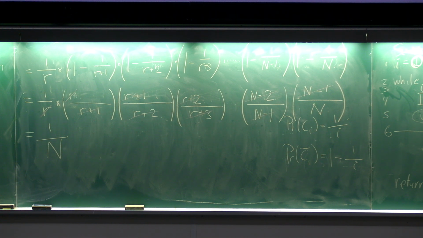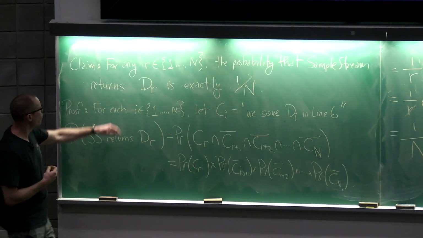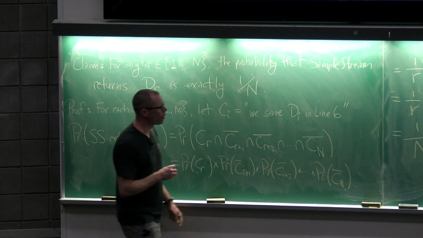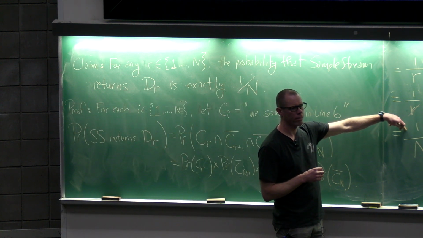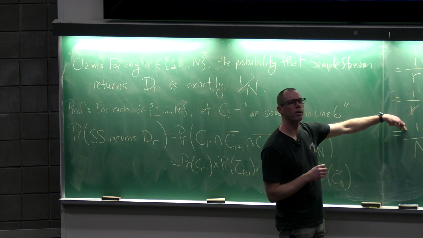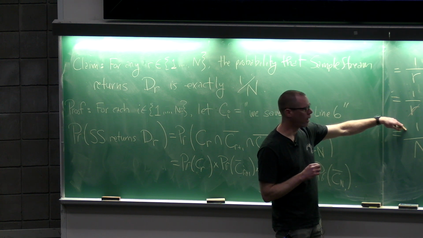So, without knowing how much data we were going to see at the beginning of the day, so we didn't know the value of n, and without having to store all of the data, we've made an algorithm that for any particular r is going to return dr with probability exactly 1 over n, which means that algorithm is returning a uniformly random sample from the data without knowing the size of the data in advance, without storing the data.